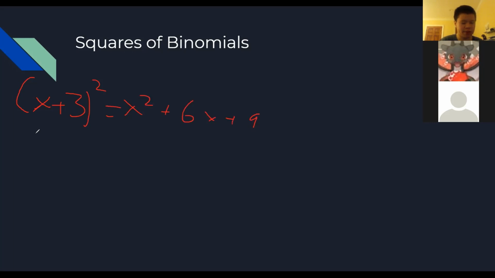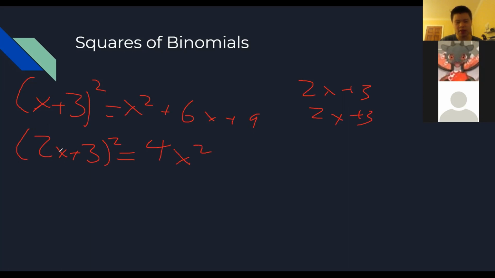How about the binomial I mentioned before, 2x plus 3? If we do the same thing as before and add it, this ends up as 4x squared, this times this plus this times this. How about something like x plus 5?